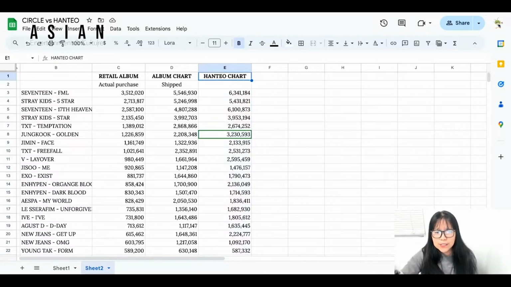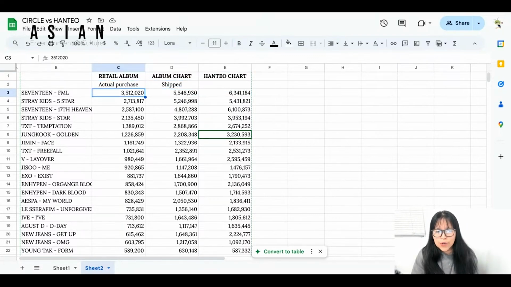So according to Circle Chart, the best selling album is 17's FML. As per Circle Chart, there were 5.5 million albums shipped, but the actual purchase was only 3.5.